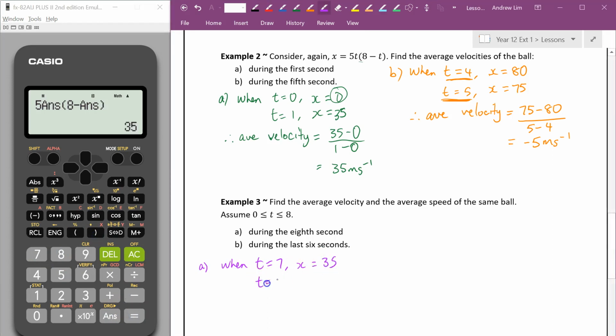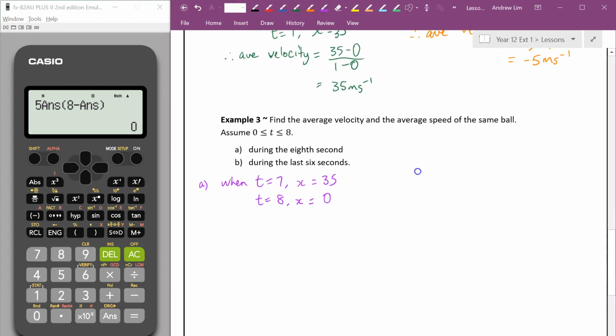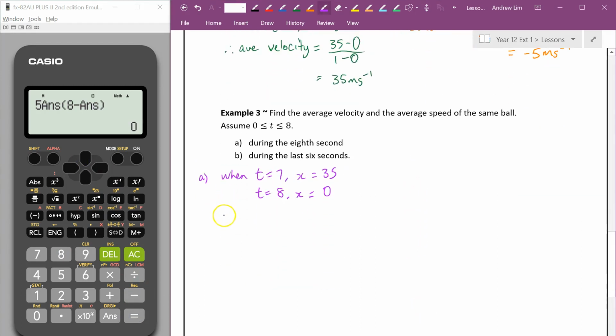When t is equal to 8, x is equal to 0. So for the average velocity, take the last one minus the previous one over the time. So that's minus 35 over 1, which is minus 35 meters per second.